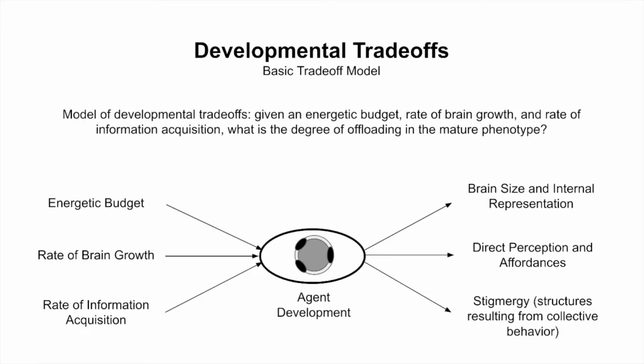In a trade-off model, you have an energetic investment in what will be expressed in development. So you have this energetic budget. You have a rate of brain growth that's sort of a baseline rate, and a rate of information acquisition that's required to interact with the environment. This energetic budget, these requirements that come a priori, then get invested in different ways.